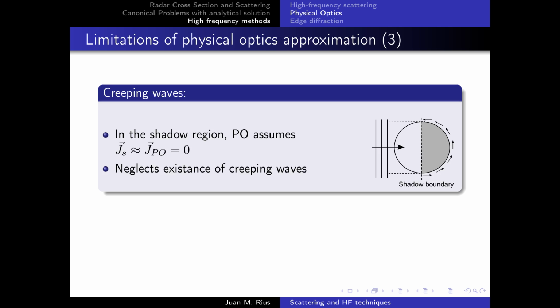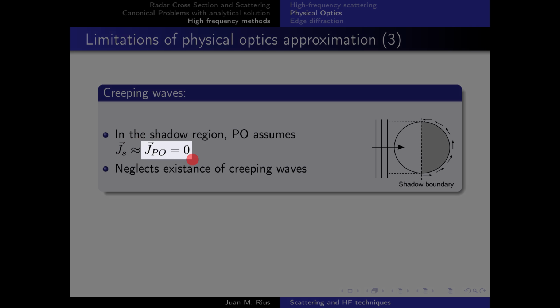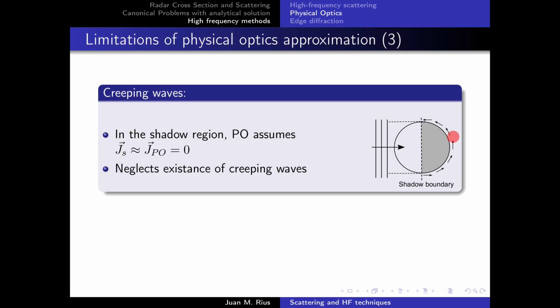Of course, creeping waves. Creeping waves are also neglected by physical optics because physical optics assumes zero current in the shadow region, and in the shadow region we may have creeping waves. So these creeping waves are completely neglected by physical optics.